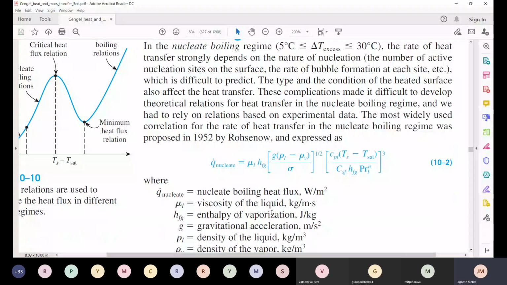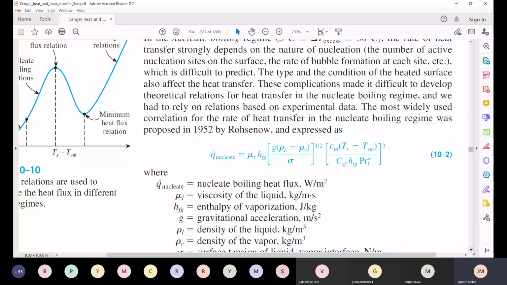If you are in the nucleate boiling regime, then there is a correlation provided by Rohsenow as early as 1952. There could be even later correlations which are available, but one of the earliest was by Rohsenow, and that has been shown here. And it actually directly gives you the heat transfer rate.